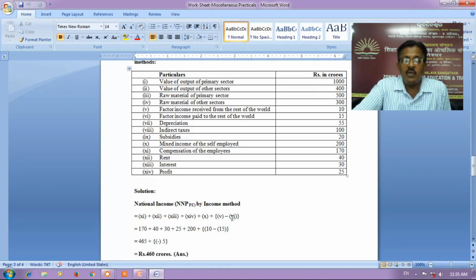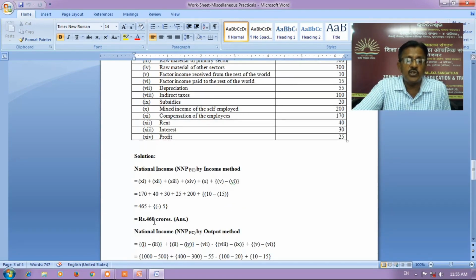So item number 5 minus 6 gives us the net factor income. So if you add net factor income from abroad to NDP at factor cost, we get NNP at factor cost, that is national income. So here it is 460 crores.